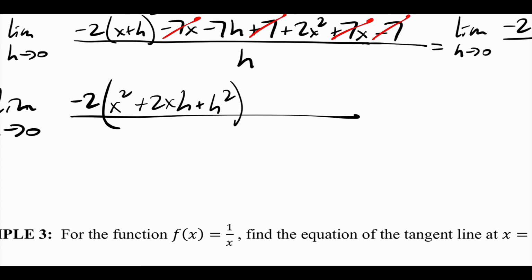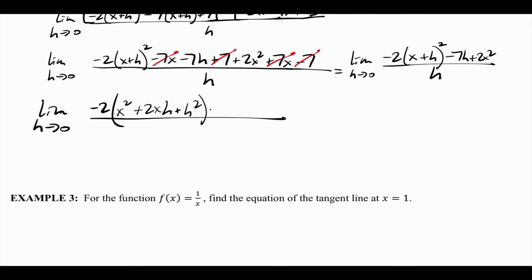And then what else did I have? A minus 7h and a plus 2x squared. Haven't canceled anything out yet. So even if I plug in 0 now, I would still get 0 over 0 for h. So I've got to distribute the -2.